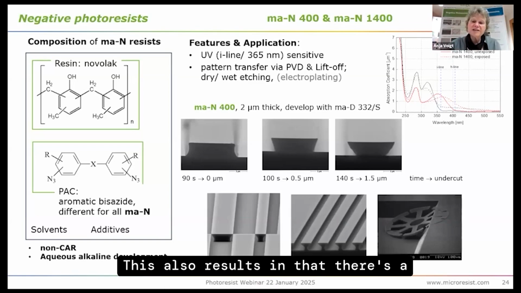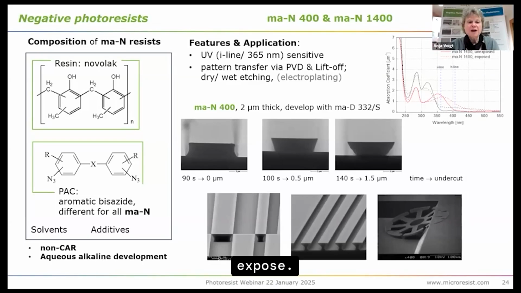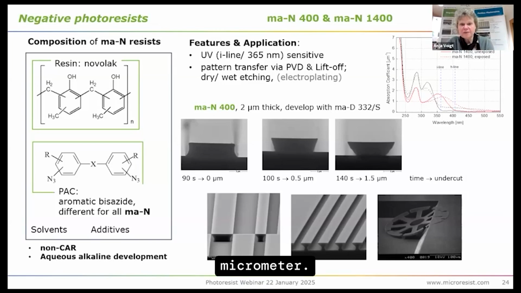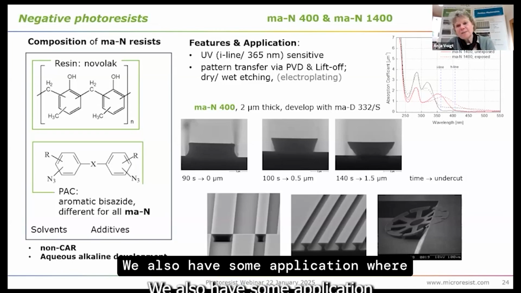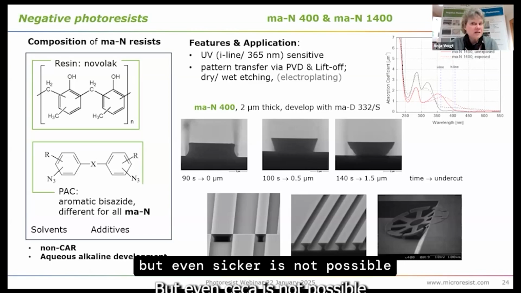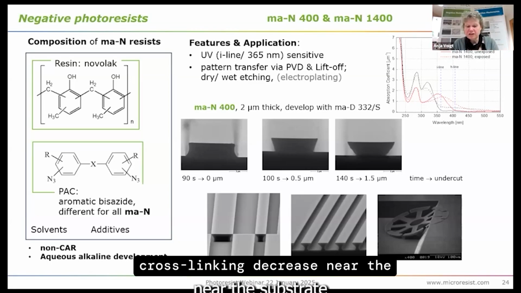This also results in a limitation in the thickness you can expose. Available thickness is up to 10 micrometer. We also have some applications where 15 micrometers can be patterned, but even thicker is not possible because there is clearly too low a cross-linking degree near the substrate and it's then washed away.